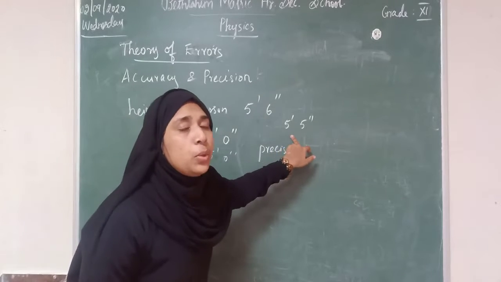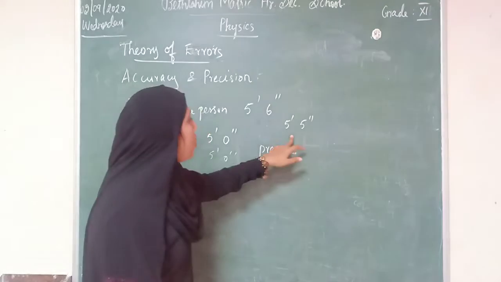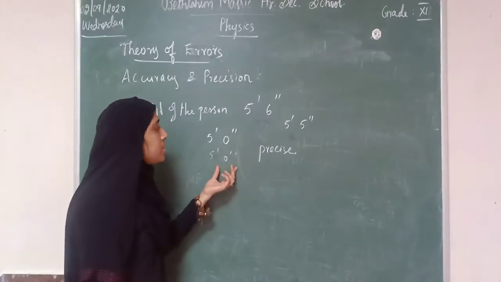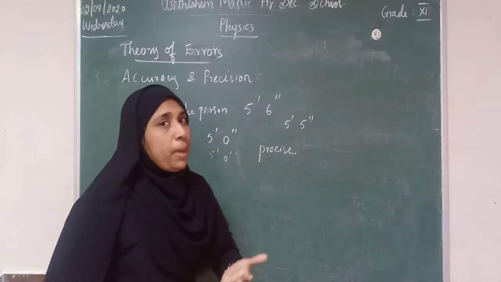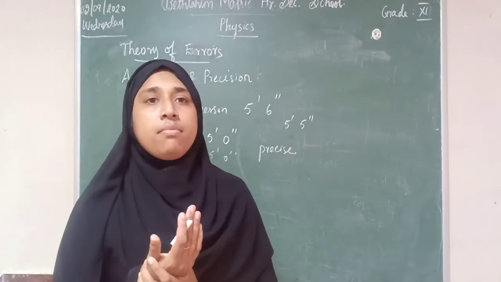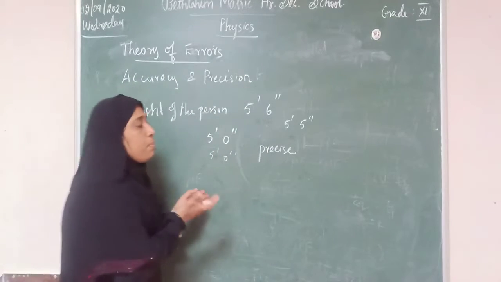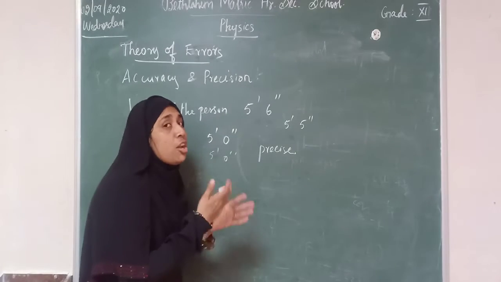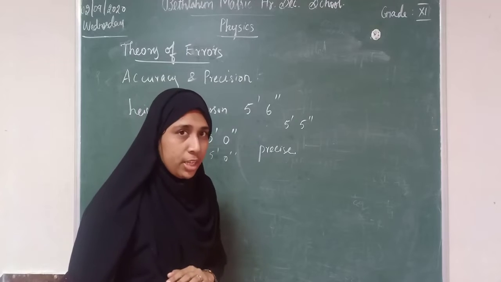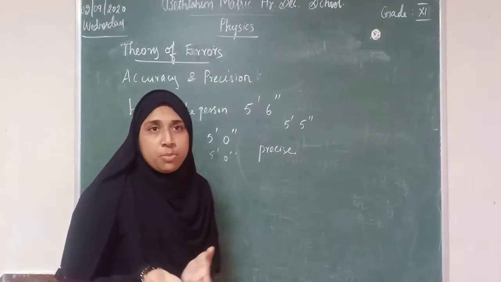This is very accurate, more accurate to the true value. So precision means it may not be accurate, but consistently we will be getting the same value. All precise measurements are not accurate, but all accurate measurements are precise.